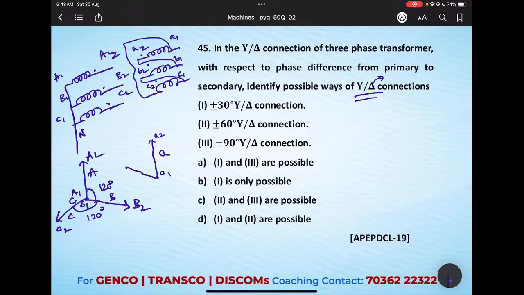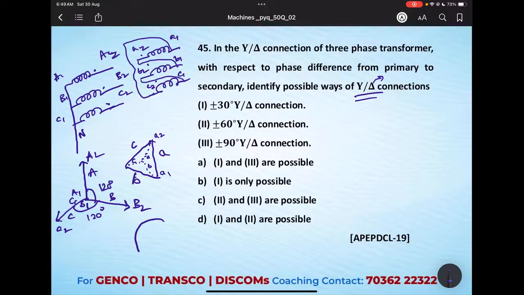This will be like this and this will be like this. Okay, this will be the B phasor, this will be the C phasor. If we write the star network connection of the star network, it will be small a, small b, small c.